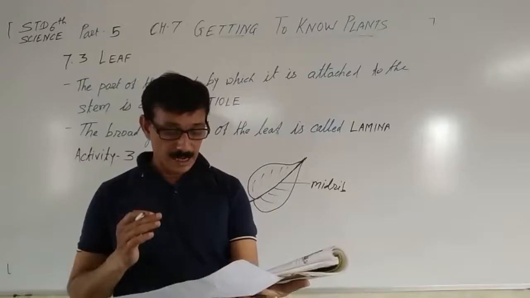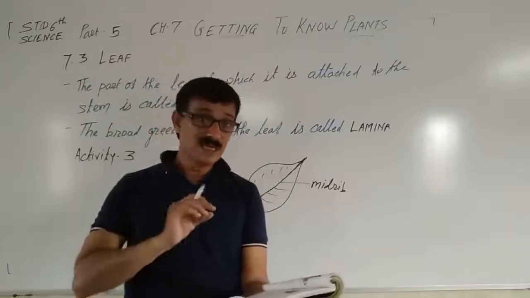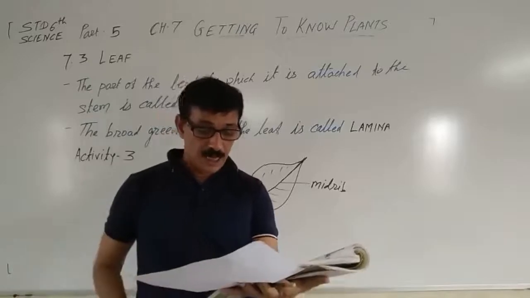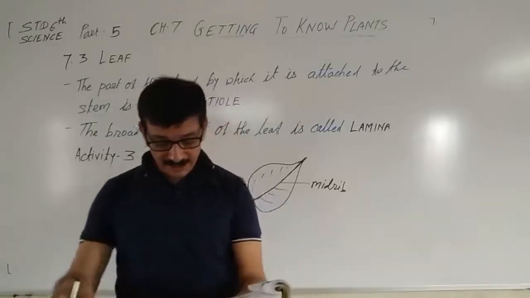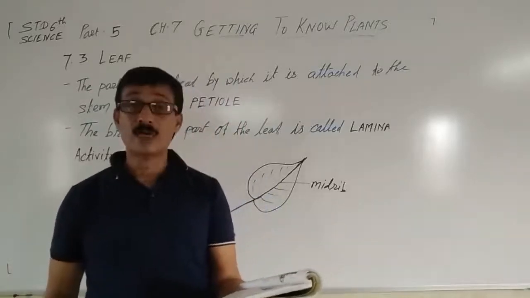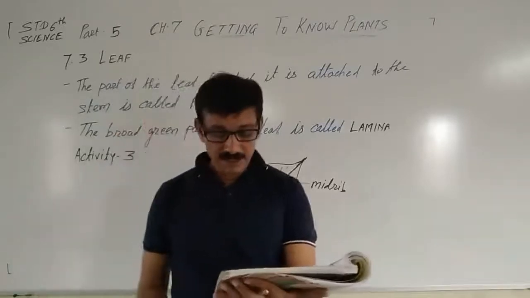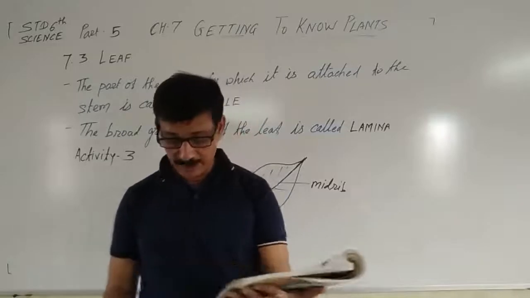The design made by the veins is called leaf venation. If this design is net-like on both sides of the midrib, the venation is reticulate.